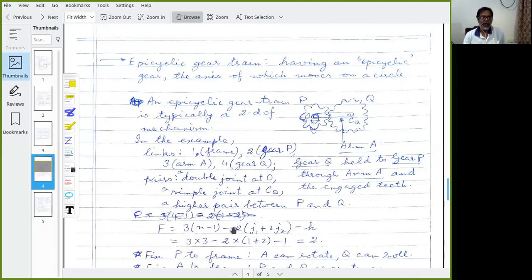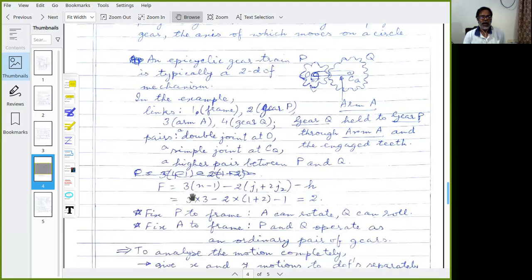So 3 will get added here and 4 will get subtracted here, so eventually 1 will get subtracted. That's the minus 1. So using this formula will give you everything, and you can see that actually for this schematic.